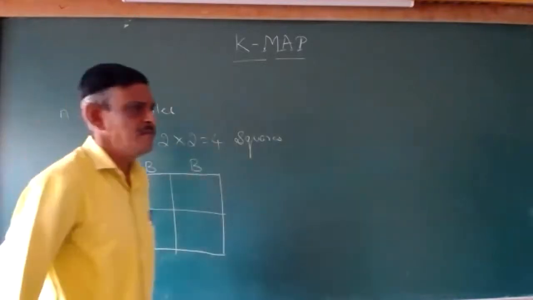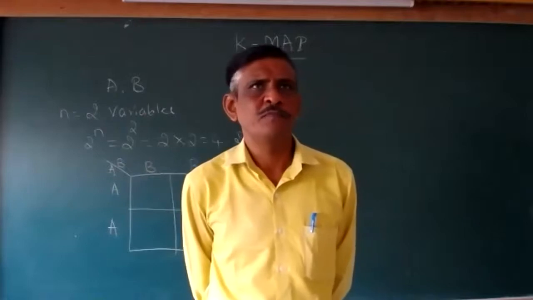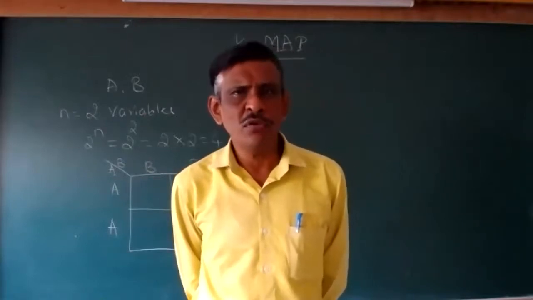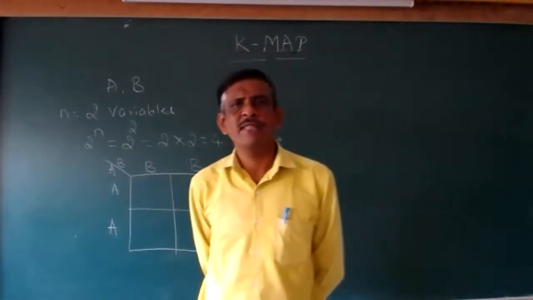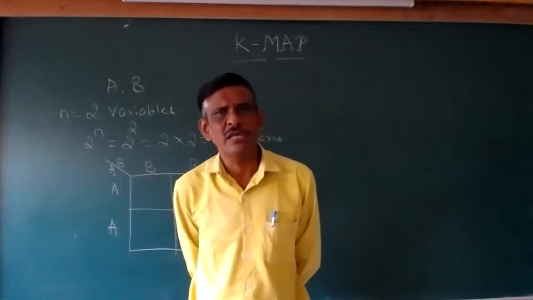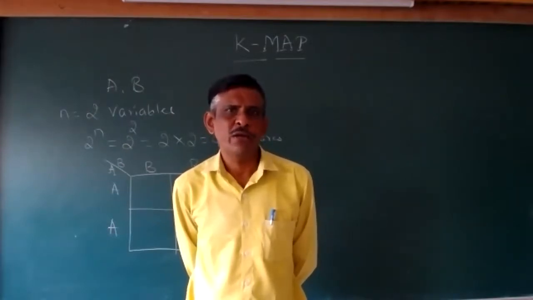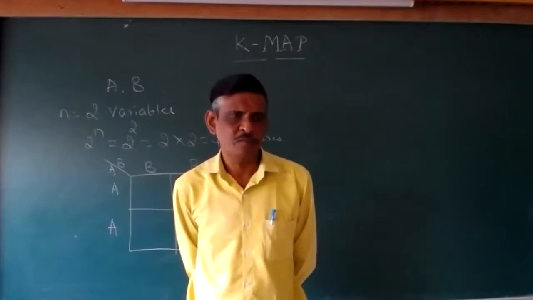This is step 1 in this schema. It means first you check how many variables are there in the given expression or function. Then you decide how many squares are needed to solve that particular function. Then draw that many squares.